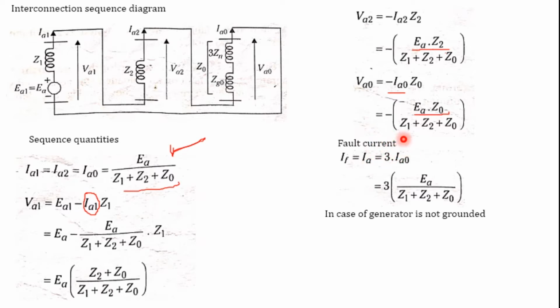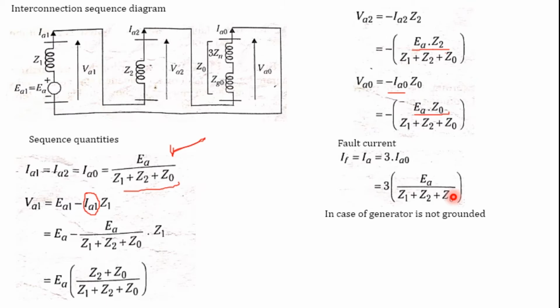From equation 1 we can write what IA naught is. It is EA divided by Z1 plus Z2 plus Z naught. So basically we are trying to calculate the equation considering the value of Z naught. We want to know what happens to the fault current during the fault condition if the system is not grounded.